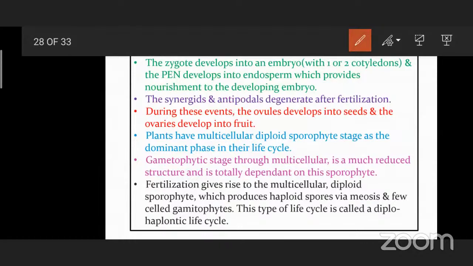So what is mitosis and meiosis? Mitosis is a process where a single cell divides into two identical cells, with replication in the cell division. So here, this is a single cell.